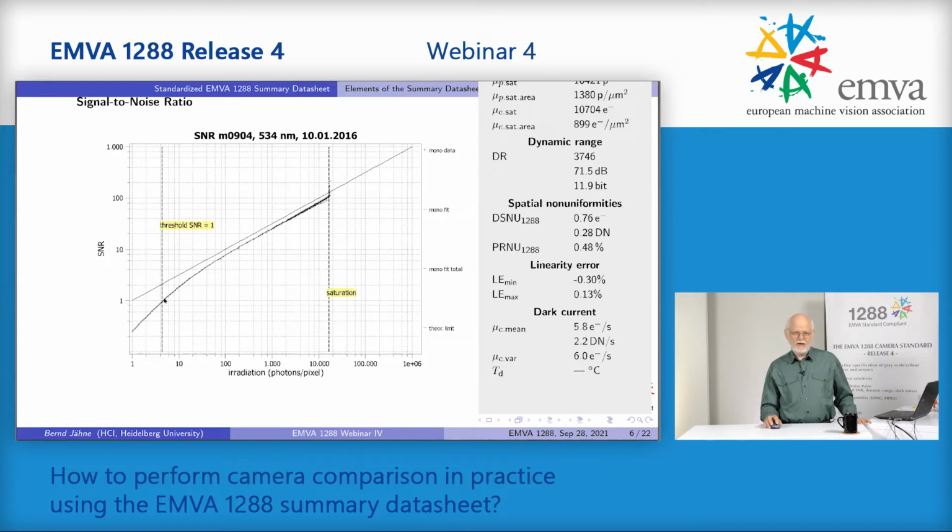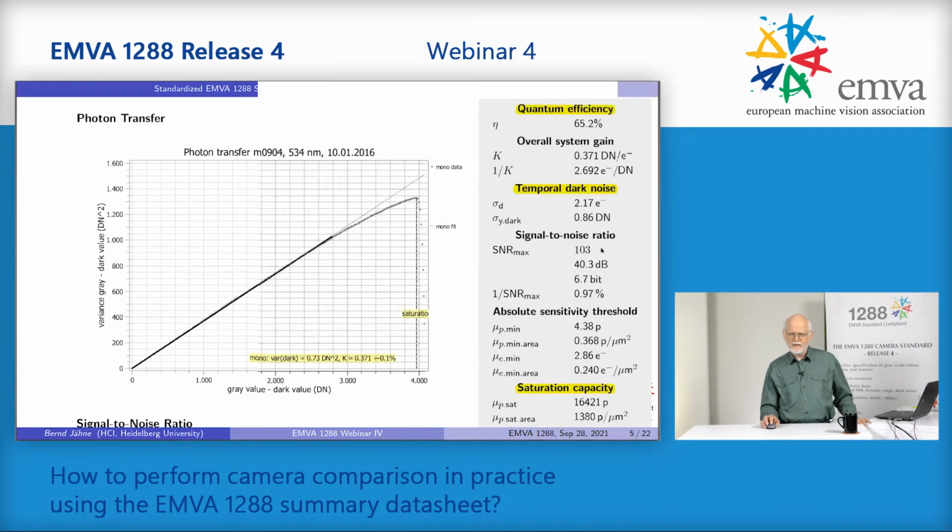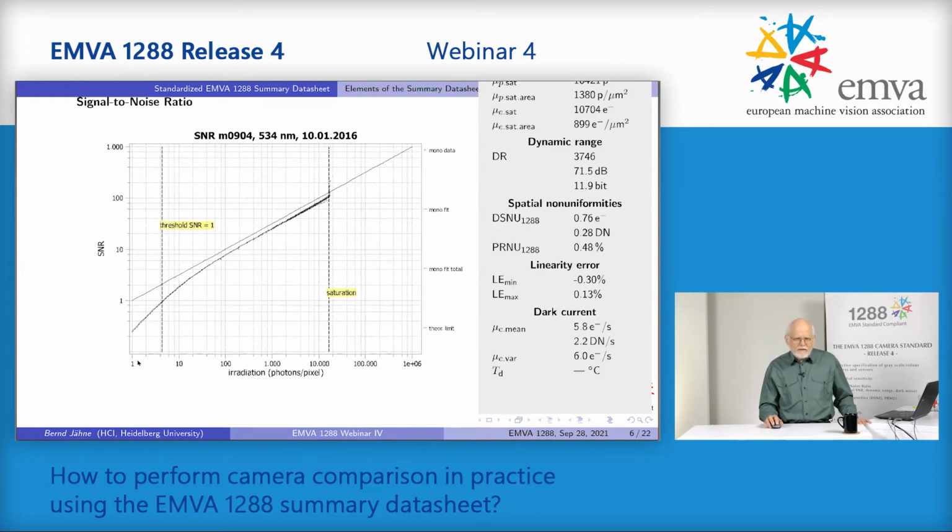On the left side, you see you need about 2, 3, almost 3, a little bit more than 3 photons. Let me compare that with, oh no, 4, sorry, I was wrong, 4.38 photons. And if you look here, that's a logarithmic scale, it's 1, 2, 4, so it's a little bit more than 4. So in the graph of the SNR, you can immediately see that.